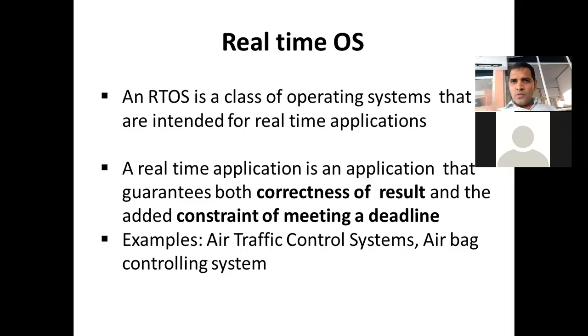This may be enough, but as a student, you have to get a clear idea about this term. Then only do I need some examples and other things. But for examination purposes, it's enough, right? A real-time operating system is used in real-time applications. But as a student, you have to understand the term real-time applications.